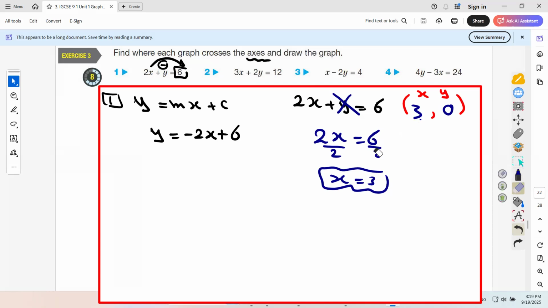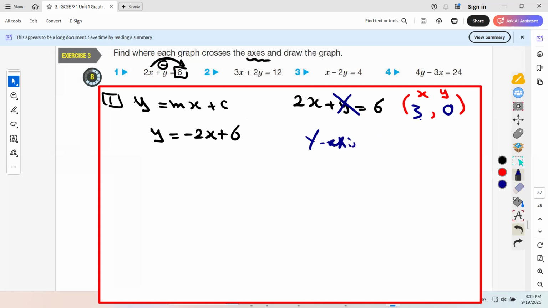And can you graph it or not? Yes, you can, because you have the y-intercept. The intersection point with the y-axis is 0, x is 0, very good, and 6. So we have 2 points.